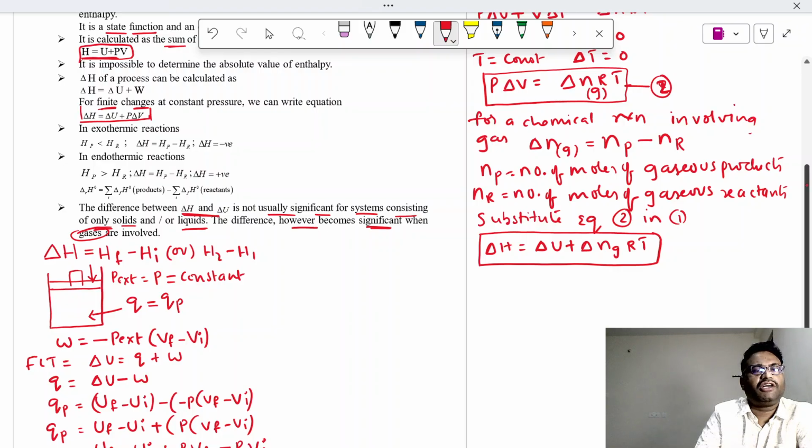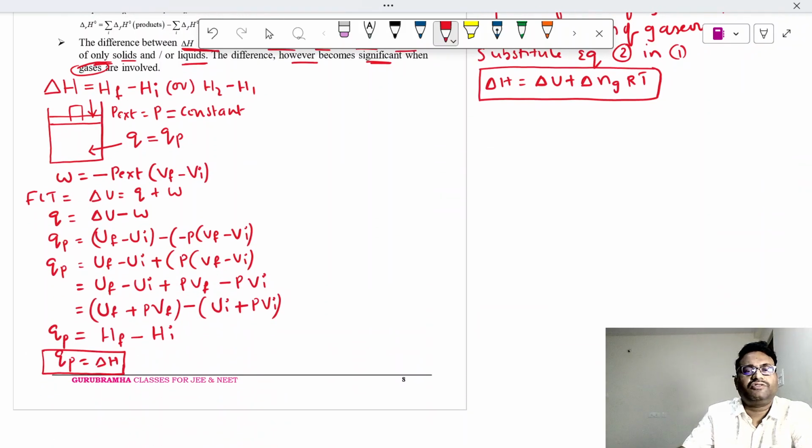So delta H is equal to delta U plus P delta V. For a chemical reaction, where reactants give rise to products, delta H is given by HP minus HR.